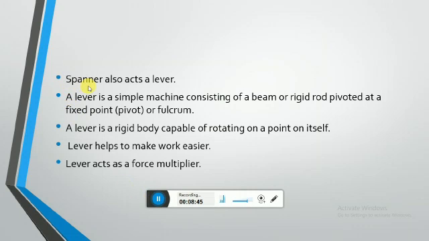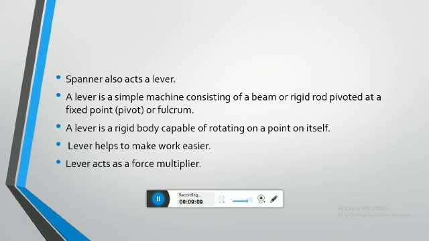Now the spanner also acts as a lever. So what is a lever? A lever is a simple machine consisting of a beam or a rigid rod pivoted at a fixed point. The fixed point is called the pivoted point, or in a lever its other name is fulcrum.